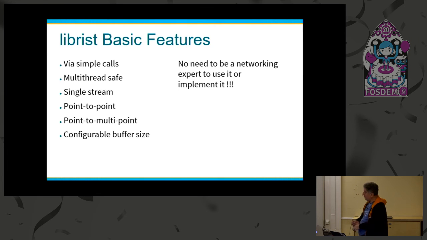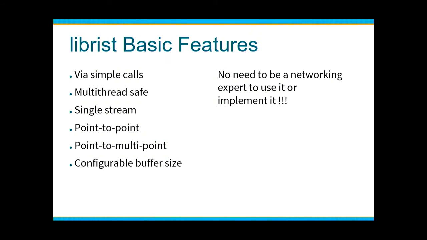You can configure every aspect of it. And best of all, it hides all the complexities of NATing, port mapping, keep alive, sockets. You don't need to be a networking expert to use it or to implement it. With 20 lines of code on each side, you have a RIST connection between 2 endpoints. Your code doesn't even need to open the sockets.